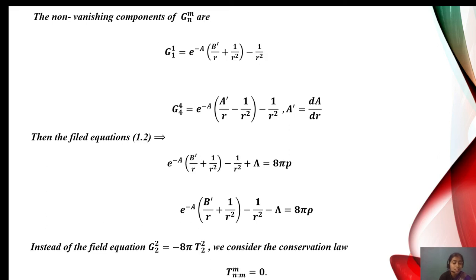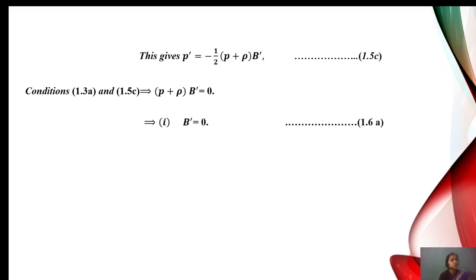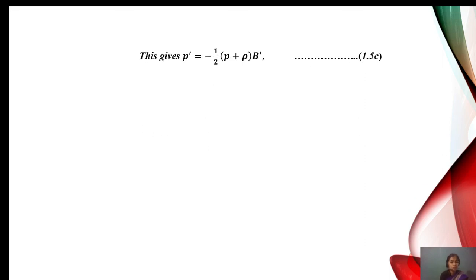Instead of the field equation, we consider the conservation law of T^mn equals 0. This gives the value p' equals minus 1/2 (p plus rho) b'. This is given as 1.5c.